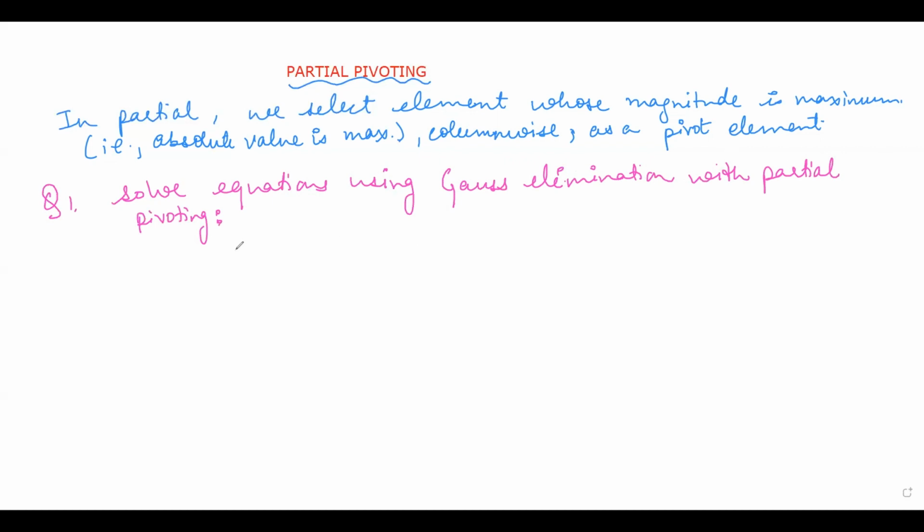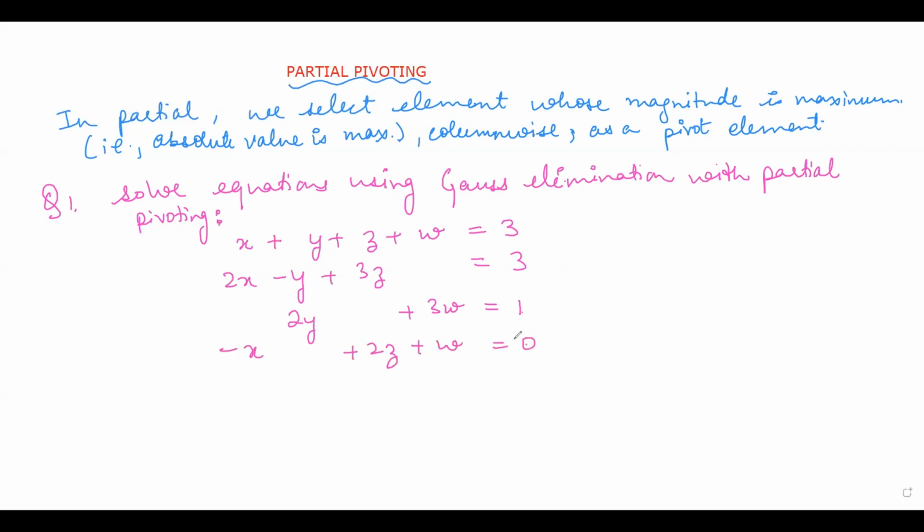The equations given to me are, so 4 unknowns are given to us in this question. Here you would notice that in this equation, the coefficient of W is 0. Here the coefficient of X is 0. Coefficient of Z is 0. Coefficient of Y is 0.